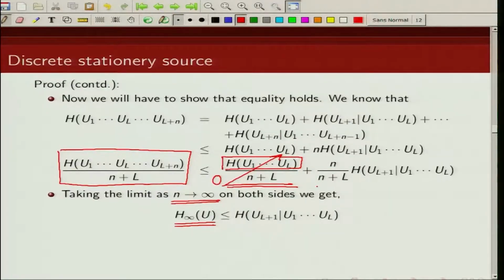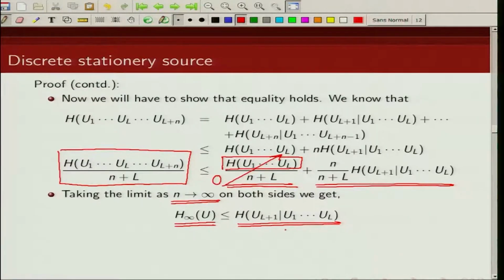Okay. Now what about this? This we can write as 1 plus L by n. Now as n goes to infinity, this will become this. So we have shown the entropy rate is less than or equal to uncertainty in UL plus 1 given U1, U2, up to UL.